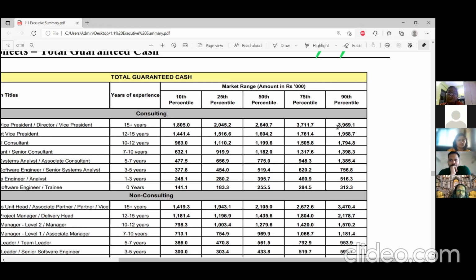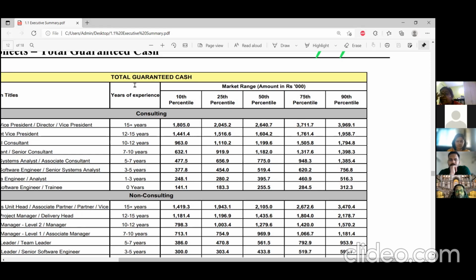Now, you should also check: am I again comparing my total guaranteed cash with them? What does it mean? I'm checking the base salary, not TCC, total cost to the company. Because if you compare TCC to total guaranteed cash, your values will be very different.